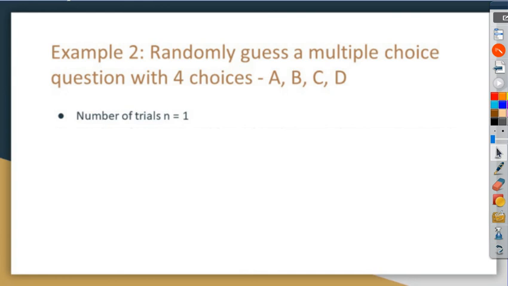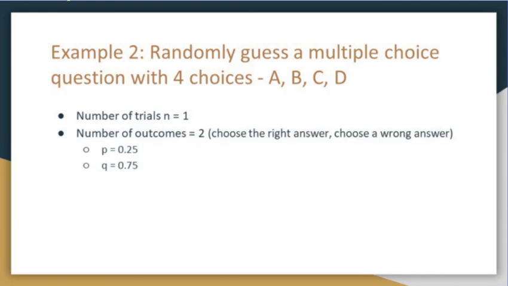Okay, well, the first condition is, does it have a fixed number of trials? And the answer here is yes. Okay, we have 1 trial, just 1 question that we're guessing on. The next thing would be the number of outcomes. Okay, and this is an example of what I was talking about.